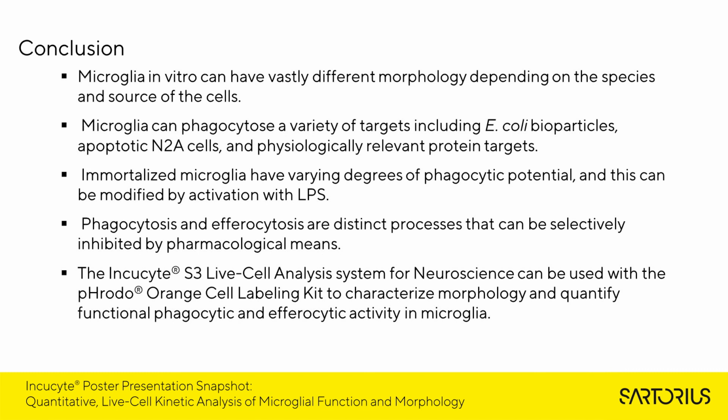Phagocytosis and efferocytosis are distinct processes that can be selectively inhibited by pharmacological means. The Incucyte S3 live cell analysis system for neuroscience can be used with pHrodo Orange cell labeling kit to characterize the morphology and quantify the functional phagocytic and efferocytic activity in these microglia.